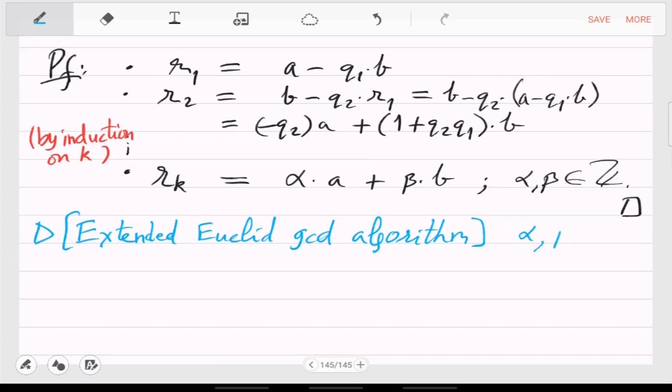That alpha, beta are efficiently computable. This course is not about efficiency, so this I'm not defining, but basically the same pseudocode that was written also computes alpha, beta. Right, that's the proof above. And as you have experienced in ESC 101, it's a fast algorithm. So that's all we are saying here.